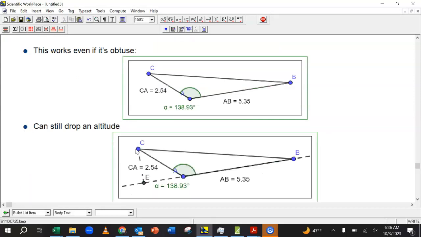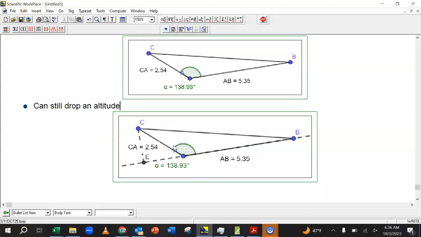And so let me show you that. Okay. And so we still get this thing. It's still the height of the triangle. That's absolutely still called the height of the triangle relative to the base AB. And we just have one extra step that we're going to have. So we still get a right triangle here. It still has a known hypotenuse. Now it's 2.54. And we just have to do a tiny little observation to get the angle in this triangle. Let you think about that for a second.